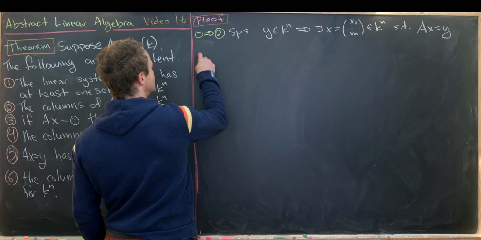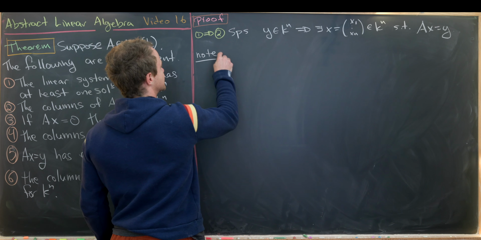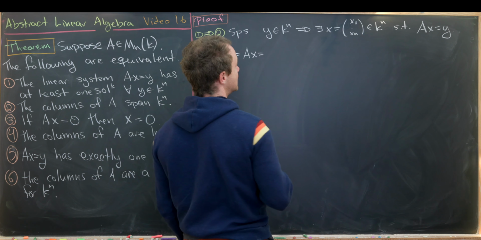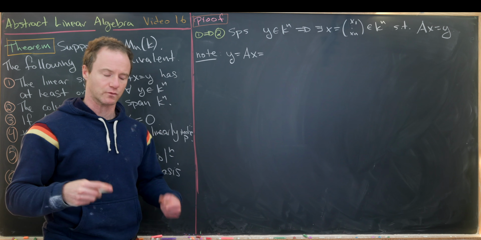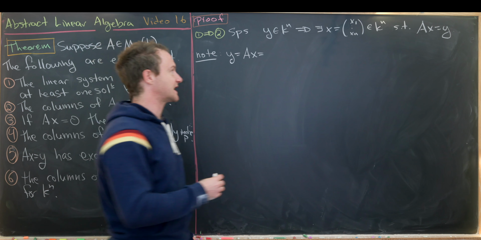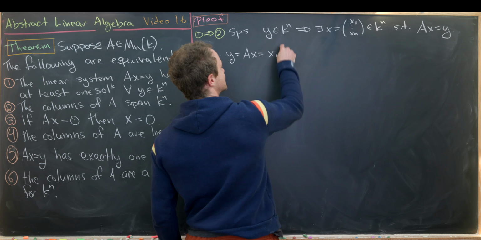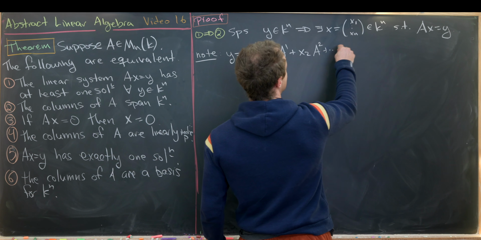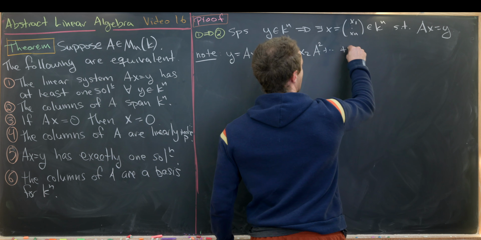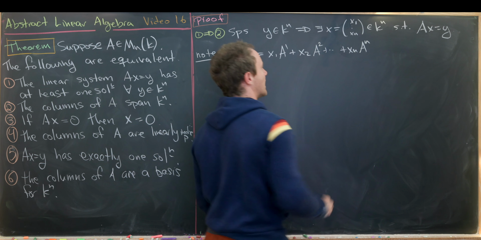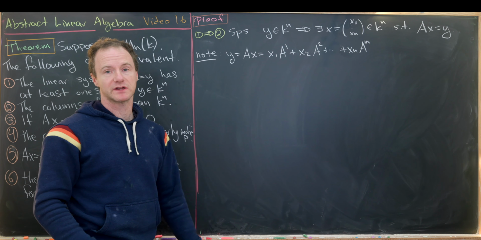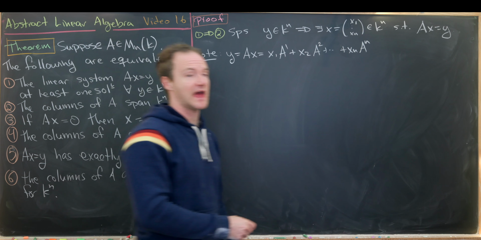But now let's note that that allows us to write y as, well, I'll write it as Ax again, but then using rules for vector matrix multiplication, that's equal to x1 A1 plus x2 A2 plus all the way up to xn An, where, using our notation before, the A upper 1, upper 2, and so on are the columns of A.